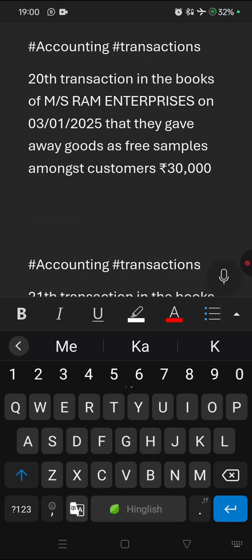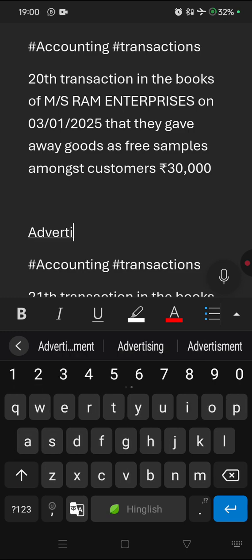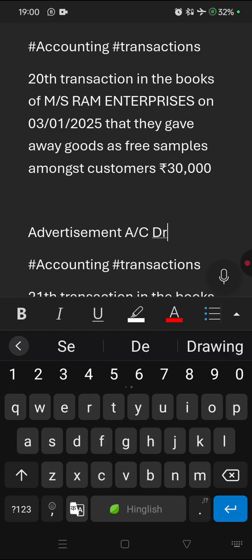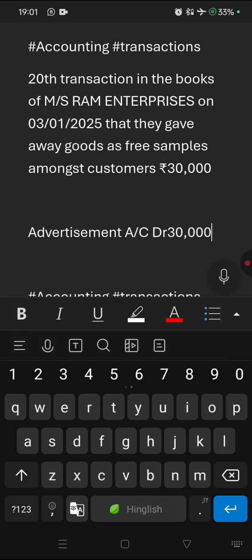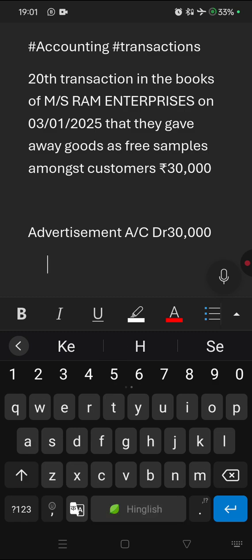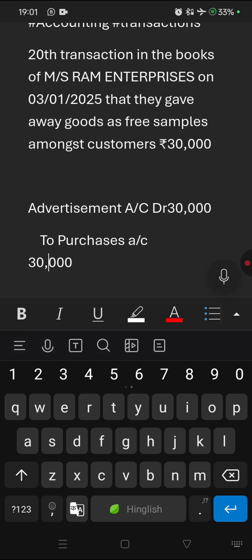So the journal entry for this transaction will be advertisement account debit, the amount is 30,000, to purchases account credit 30,000.